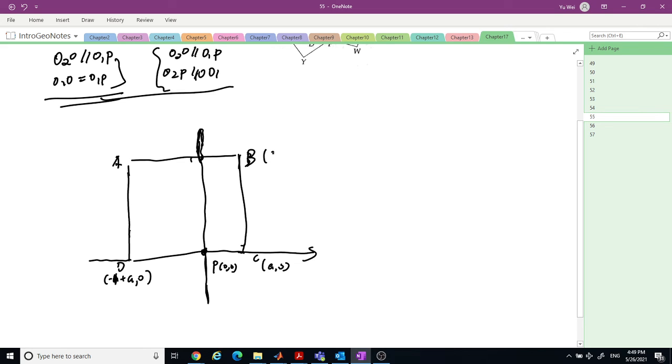Then B will be A and 1, and A will be negative A, but negative 1 plus A and 1. Then P will be this.